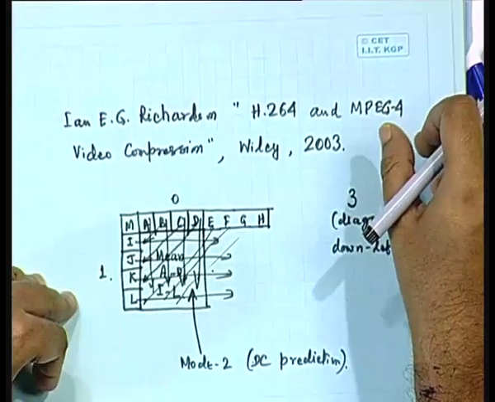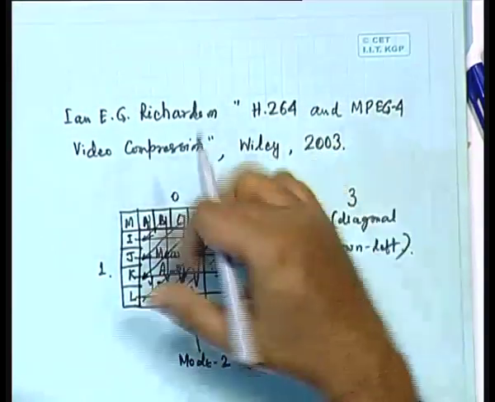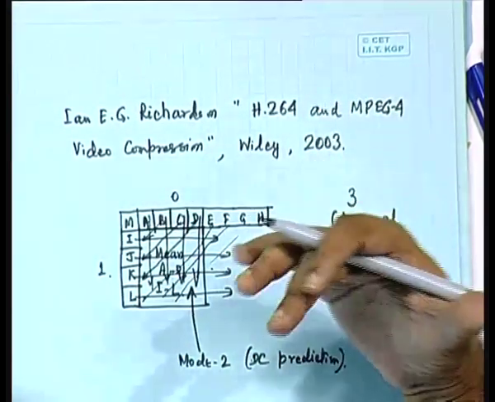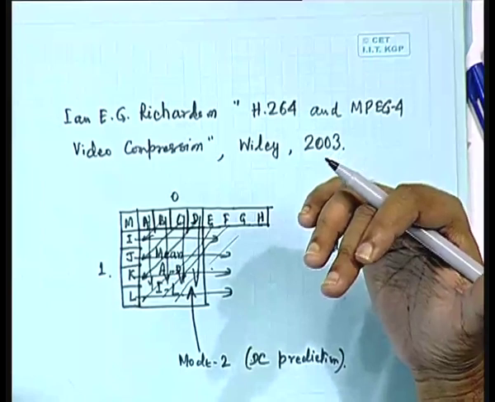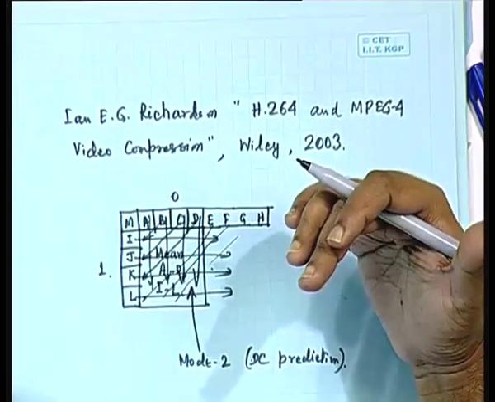So, this is just to explain why we require mode 2. Depending upon the intensity pattern, for example, if you are finding that the image is having more of vertical stripes, then it makes more sense in doing a vertical propagation, that means to say a mode 0 prediction.